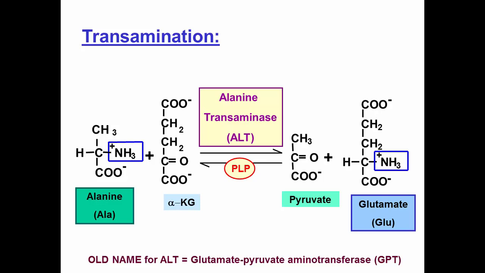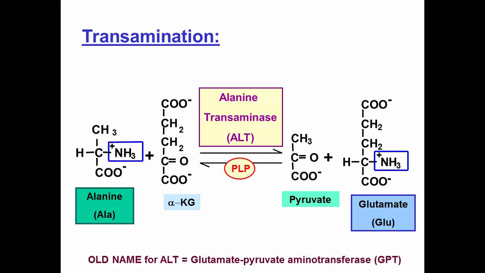But two little tidbits that might be useful to know is that ALT concentrations are much higher in the liver than heart. After somebody has a heart attack, for example, AST, which is very high in heart, I mean, it's still present abundantly in the liver, but it's much higher in the heart. If you have a heart attack, AST tends to go up quite high compared to ALT.